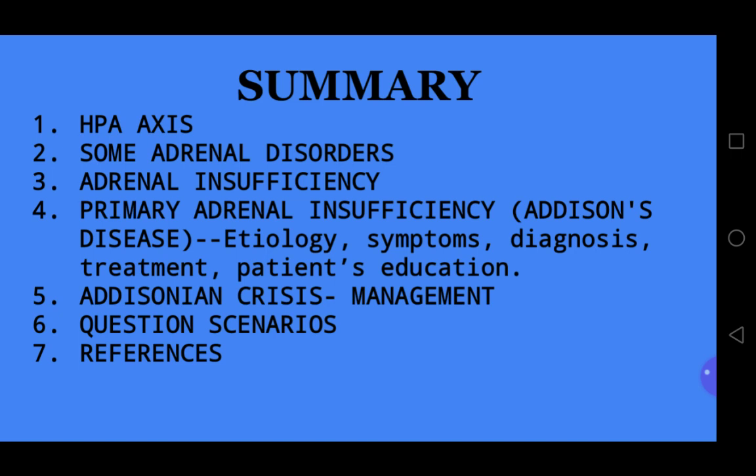After that, I will discuss management of acute Addisonian crisis. In the end, I will go through some question scenarios to better understand the diagnosis and management of this condition, and finally you would be able to see all the references.